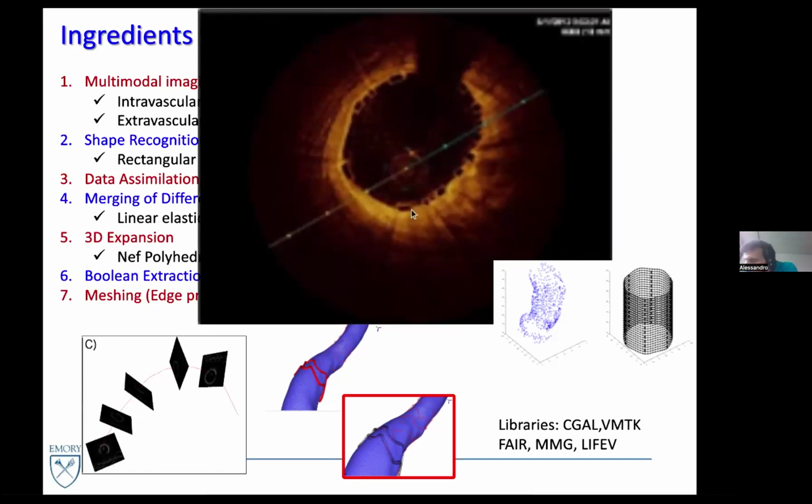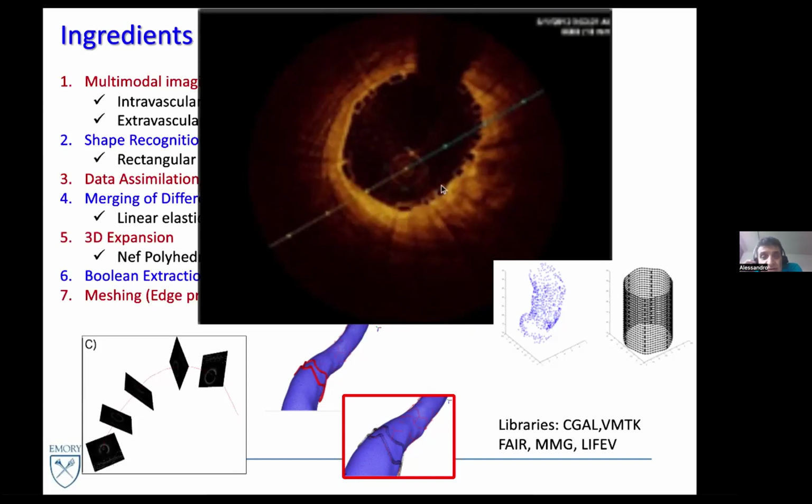So you see from this square the struts of the stent. Unfortunately, the catheter is creating a shadow, so we cannot cover 360 degrees, almost 360, but not all of it. The yellow is the wall and these squares are the struts.